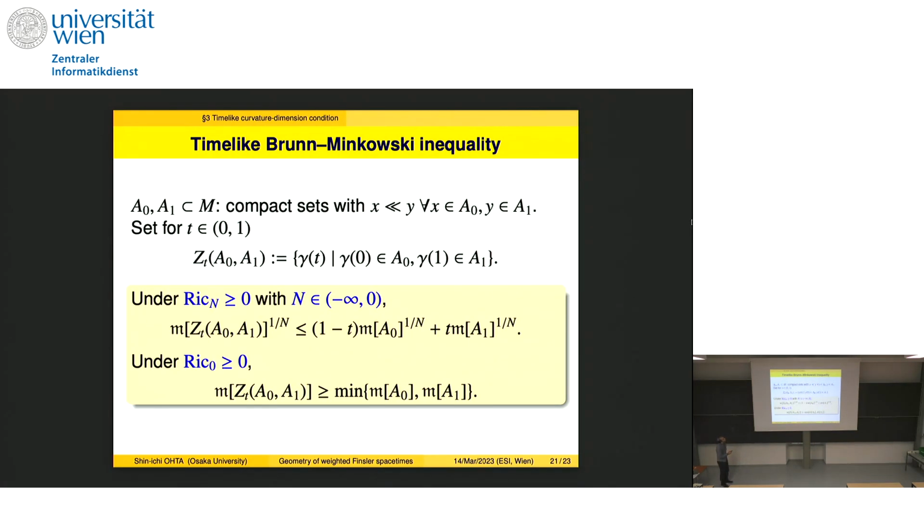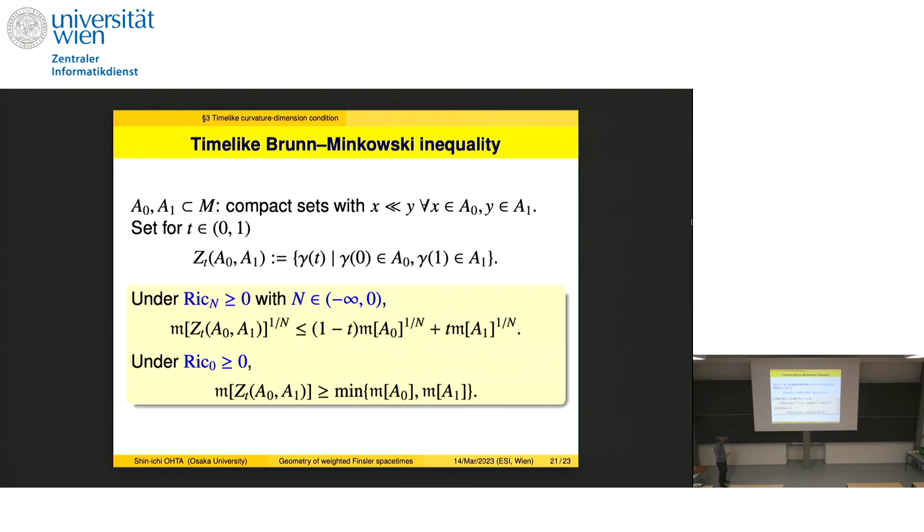Then T(A0, A1) is the set of intermediate points. Then we have this Brunn-Minkowski inequality under non-negative Ricci and N negative. This seems very much like the classical Brunn-Minkowski inequality in the Euclidean case, but because N is negative, we naturally have the opposite inequality.